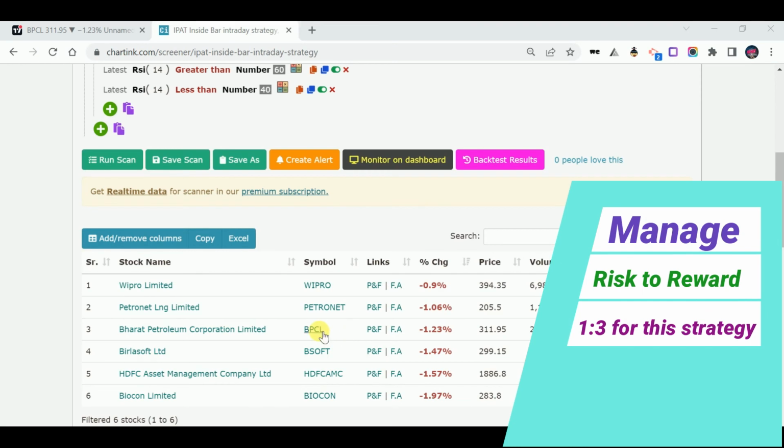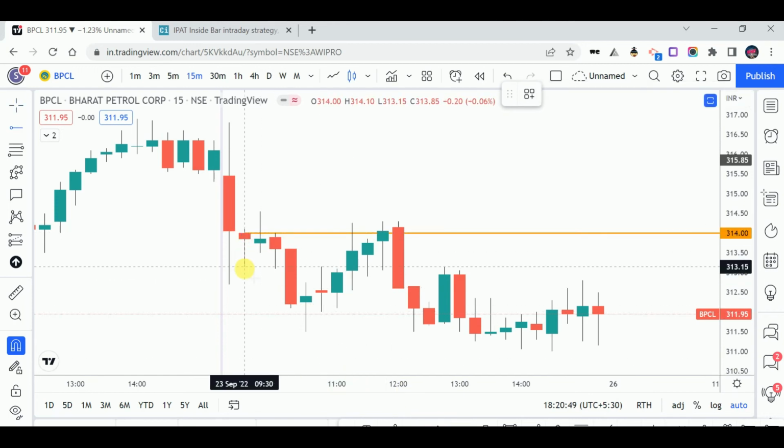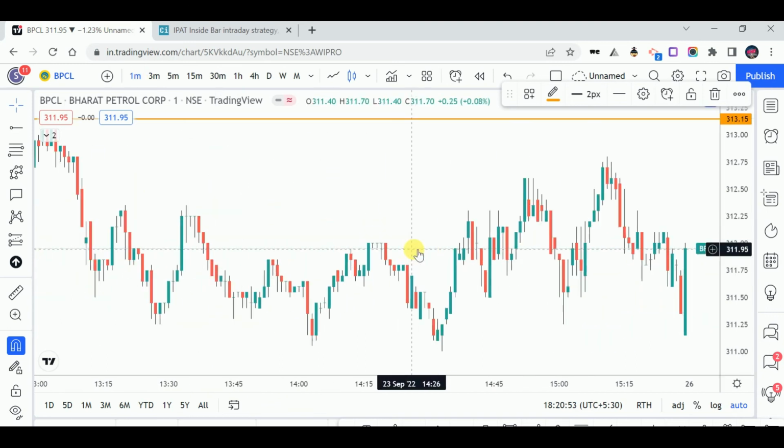Third stock is BPCL. Let's load it into our trading terminal. So I have loaded the 15 minute chart of BPCL. I will mark the high and low of the inside bar. Then I will shift to the 1 minute time frame.